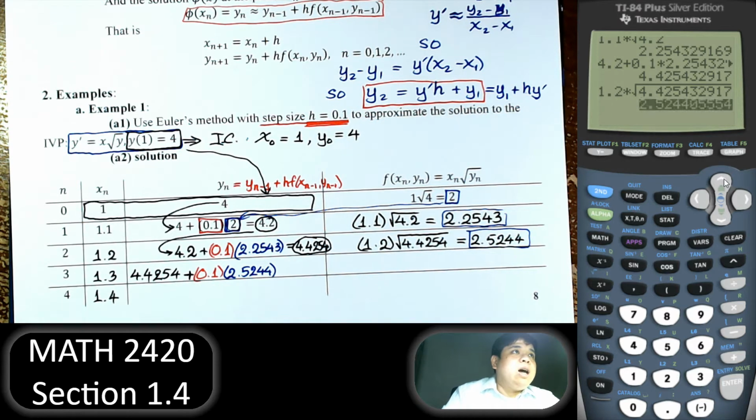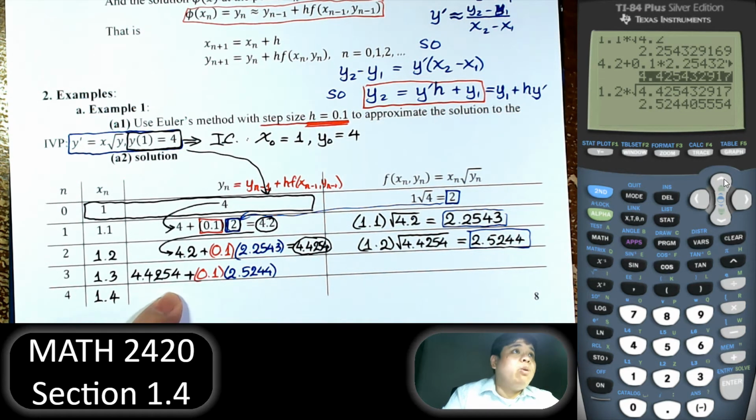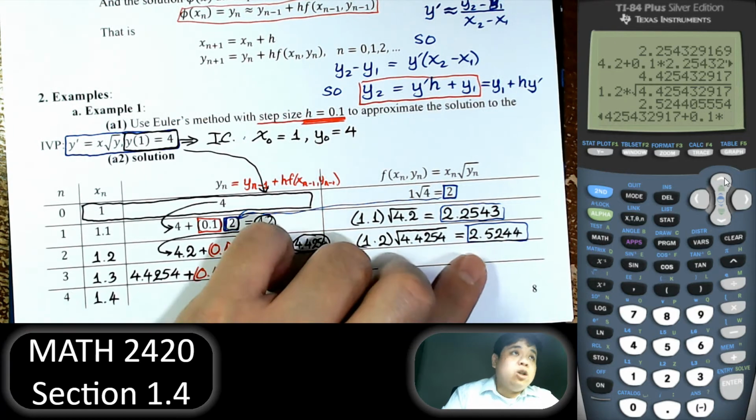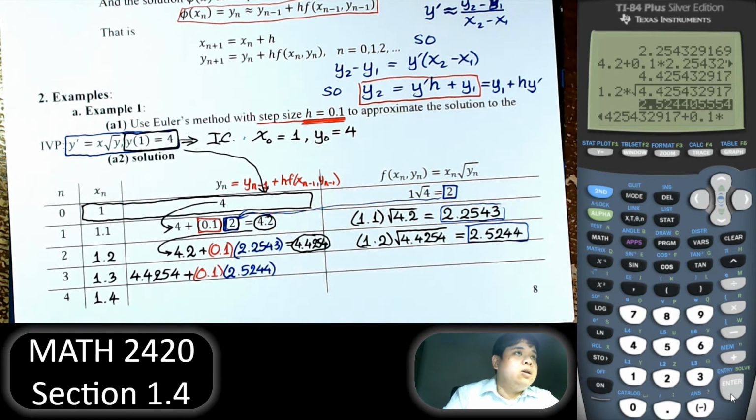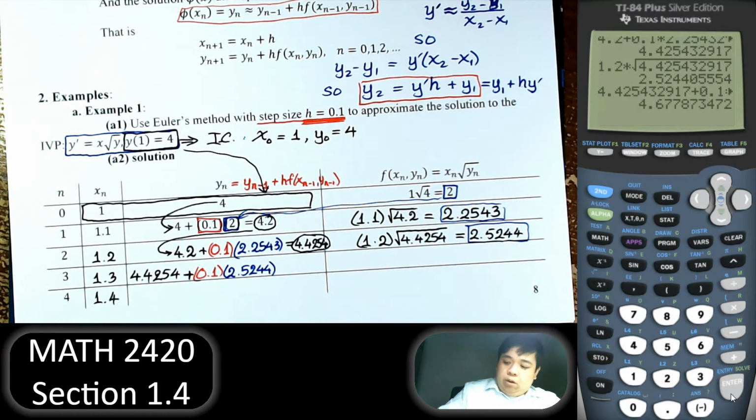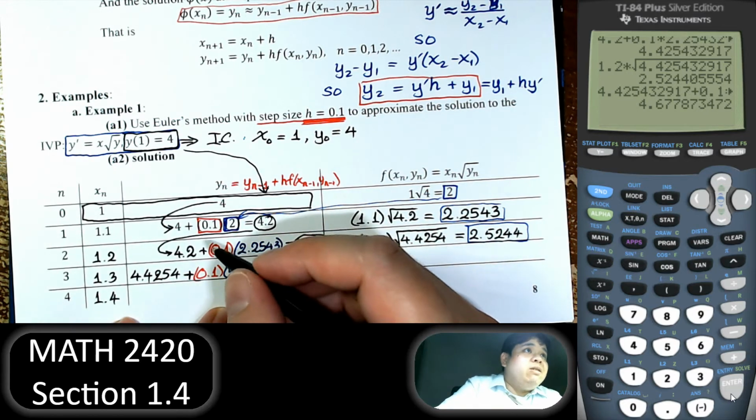So we can use that value, 4.4254, plus 0.1 times the slope, 0.6778.